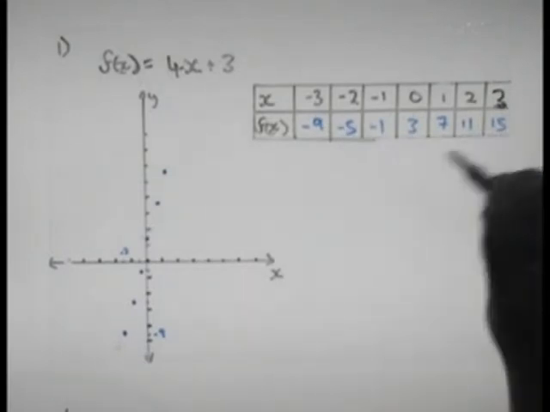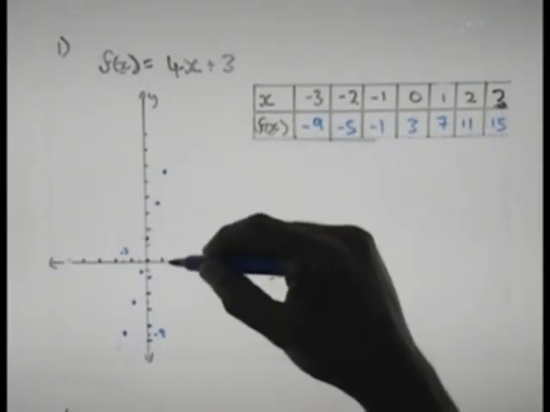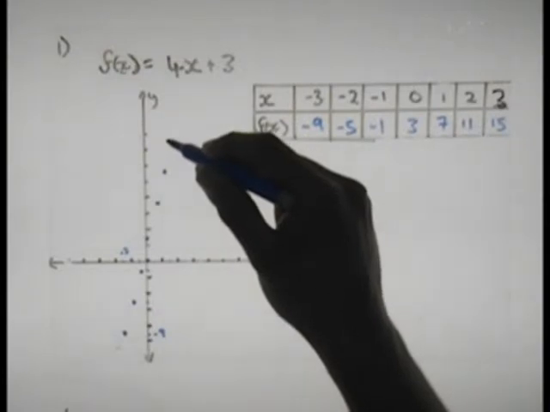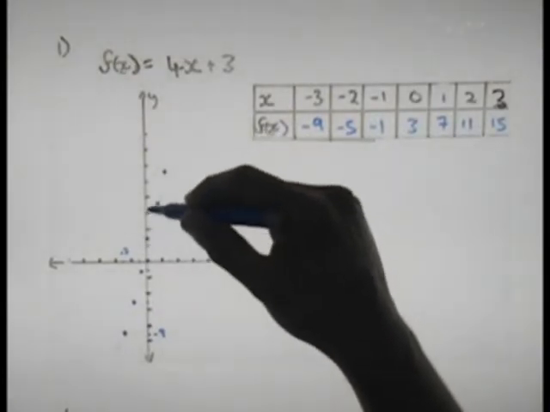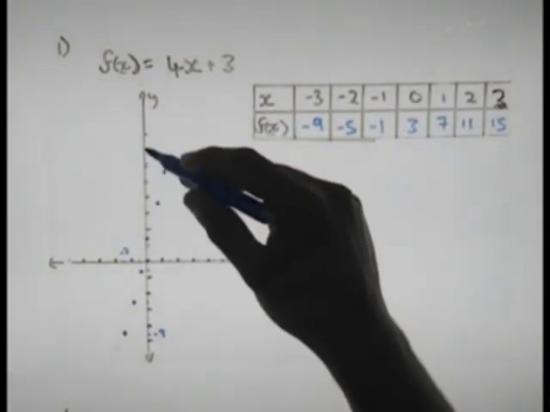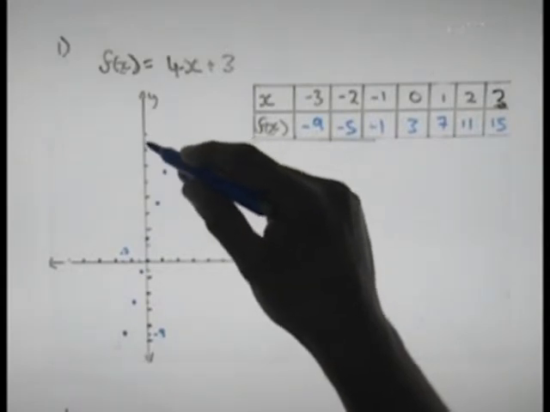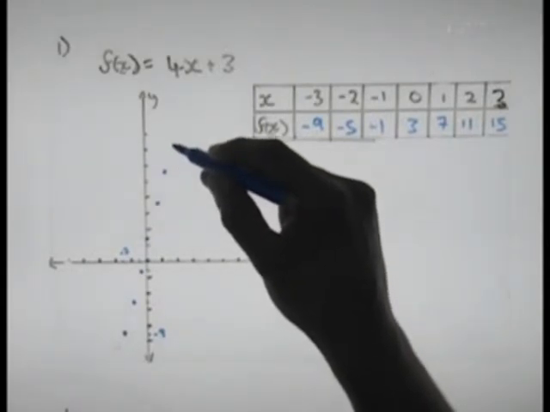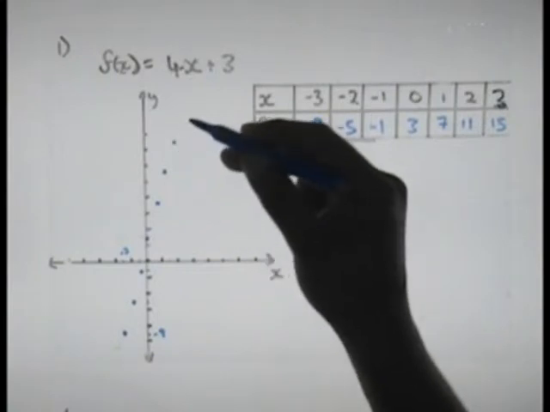The next one is at 3 and 15, that's 3 over there, and 2, 4, 6, 8, 10, 12, 14, 16, so 15 is over there.